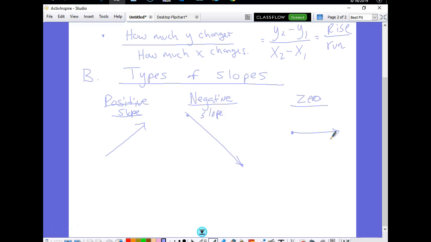It just stays the same. It's a flat line. So functions that go up like this, we call them increasing. Functions that go down like this, we call them decreasing. And functions that don't change because their slope is 0 are called constant functions.